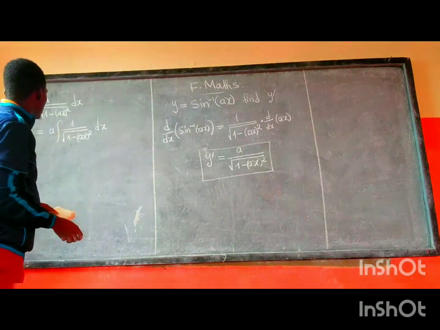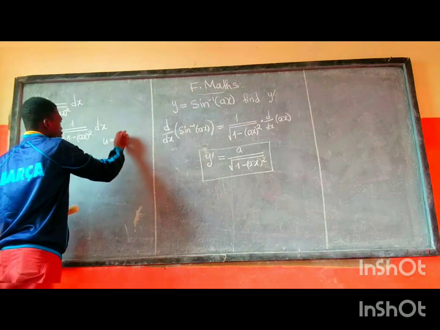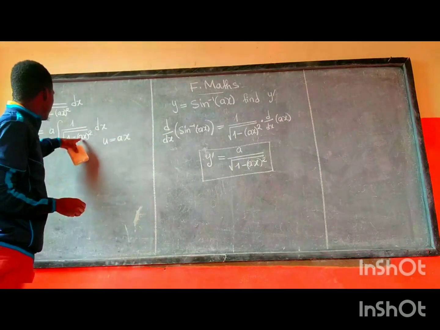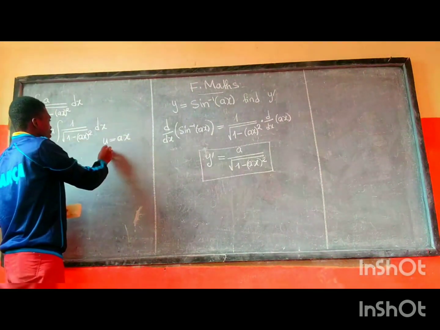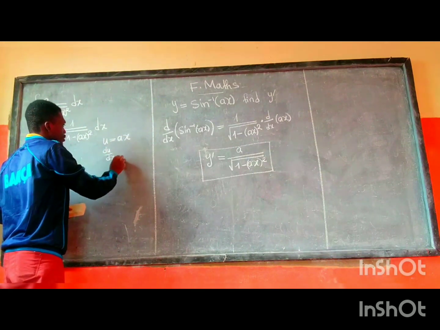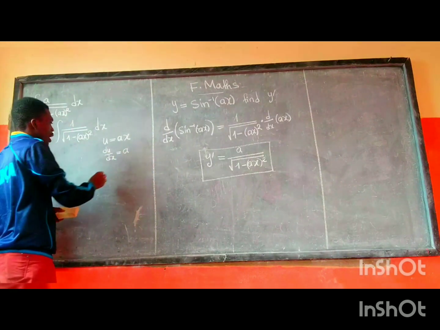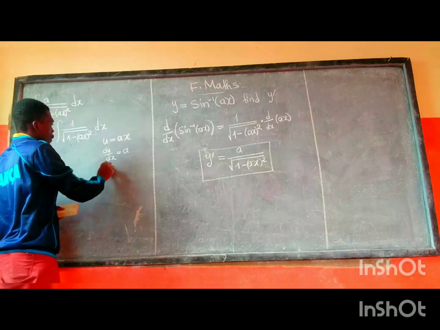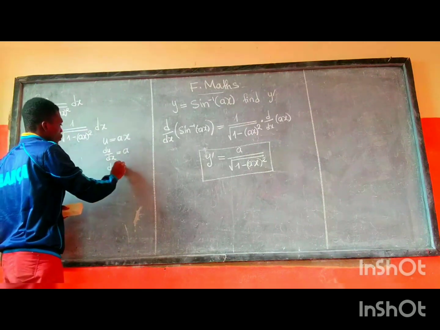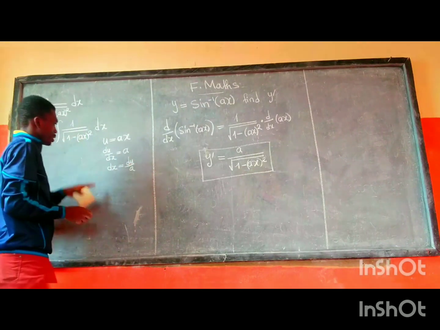I'm going to use the substitution u equal to ax. So if I let u be equal to ax, I will have that du/dx will be equal to a. And then to continue, I'll have that dx will be equal to du over a.